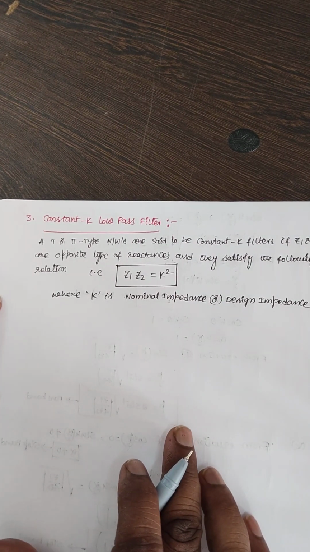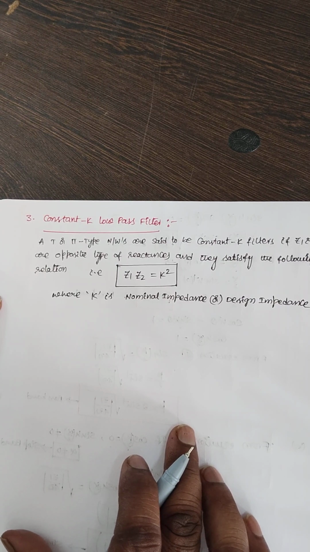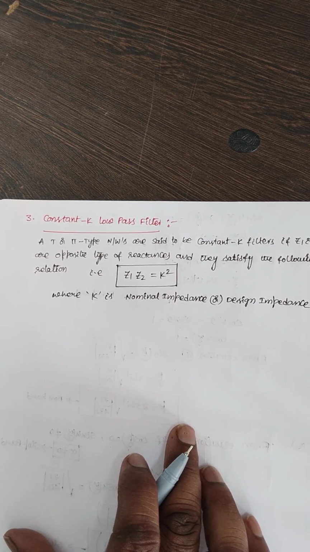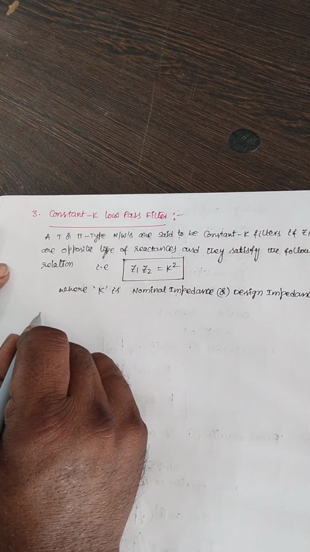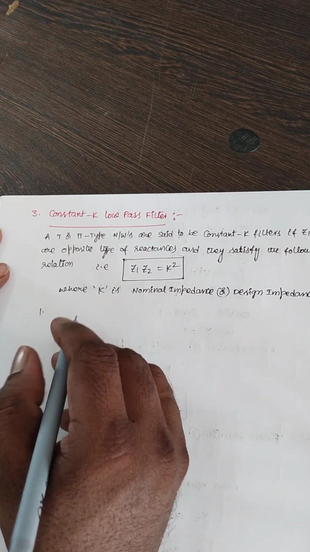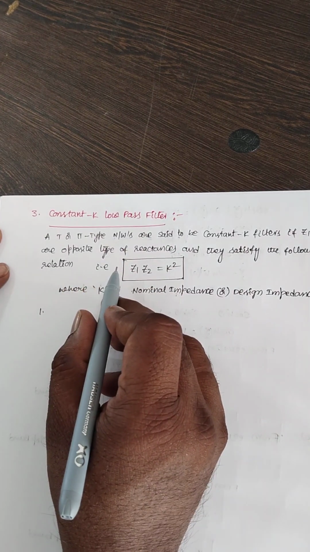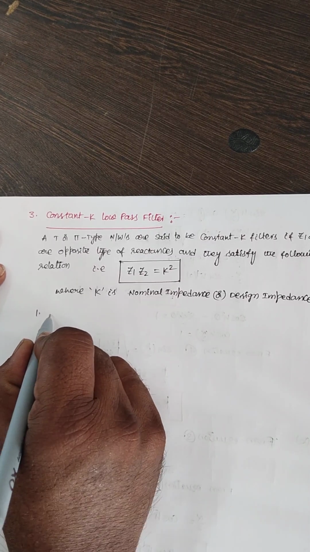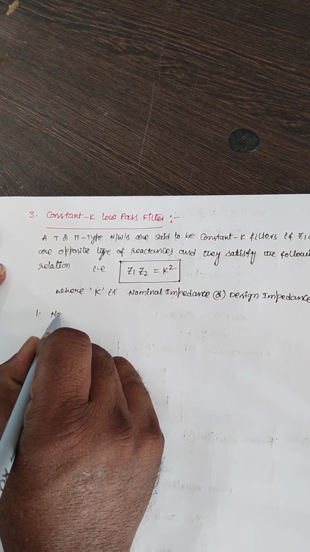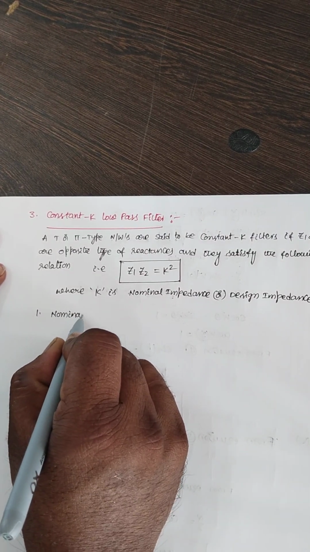Whether it may be a constant K low pass filter or constant K high pass filter or band pass filter or band stop filter, the main things that we are going to study here are: first one is nominal impedance, calculation of nominal impedance.